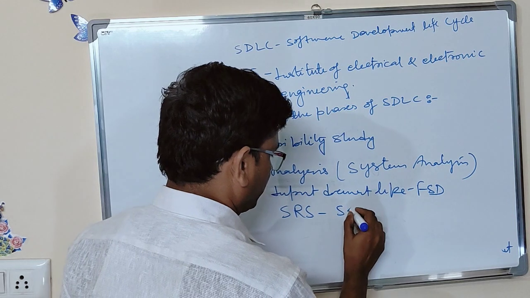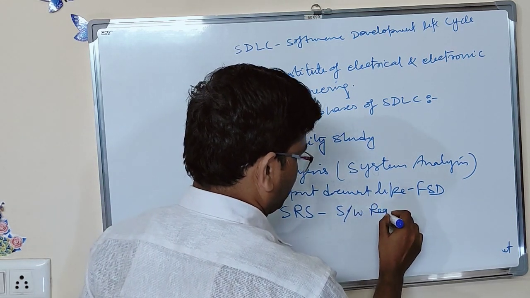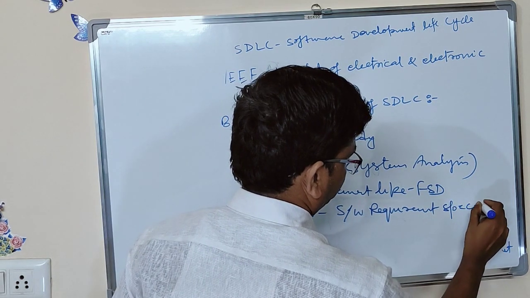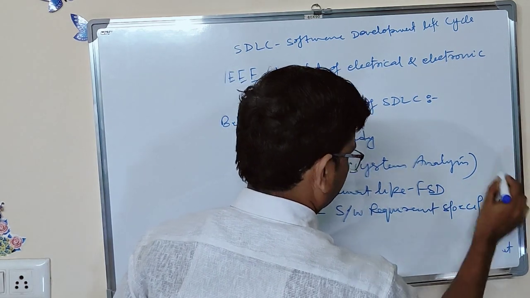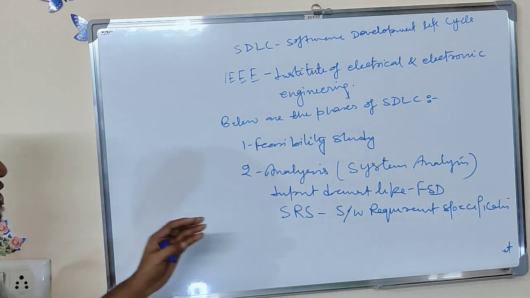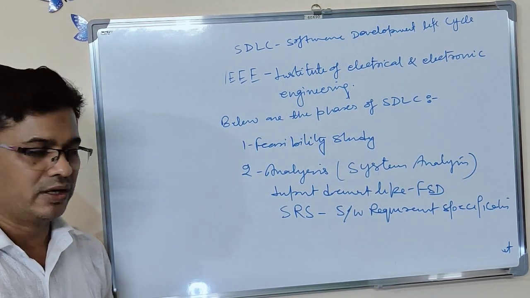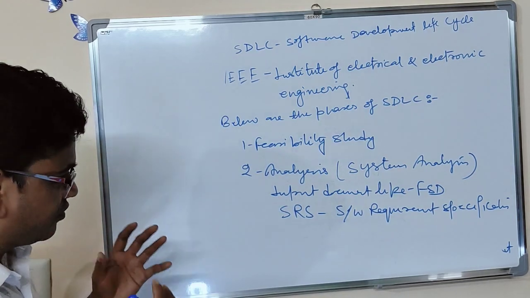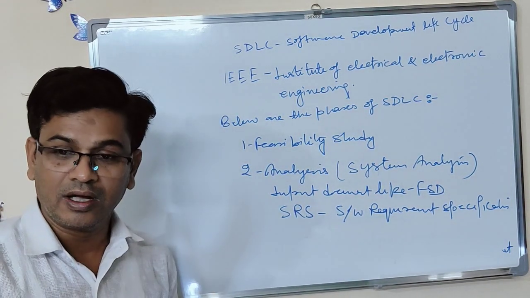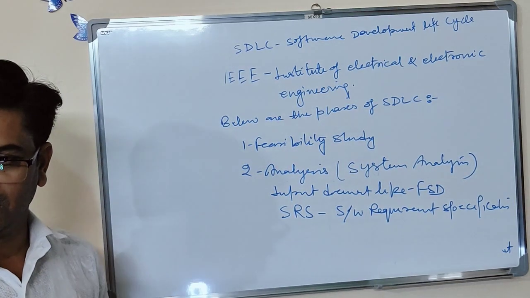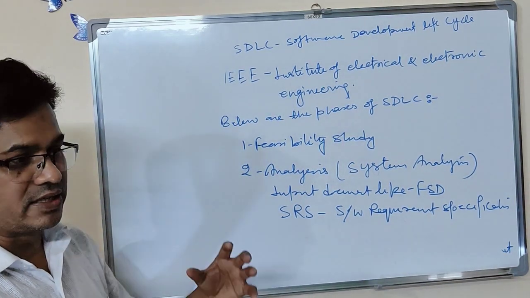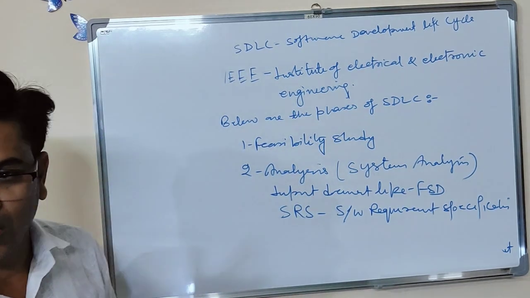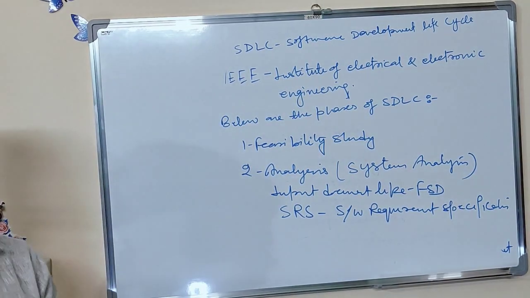SRS means software requirement specification. So the SRS document is a technical document. Every organization has a defined format for this phase. So the SRS document has a defined format, and this format contains all the input which can be required by the development and QA team.